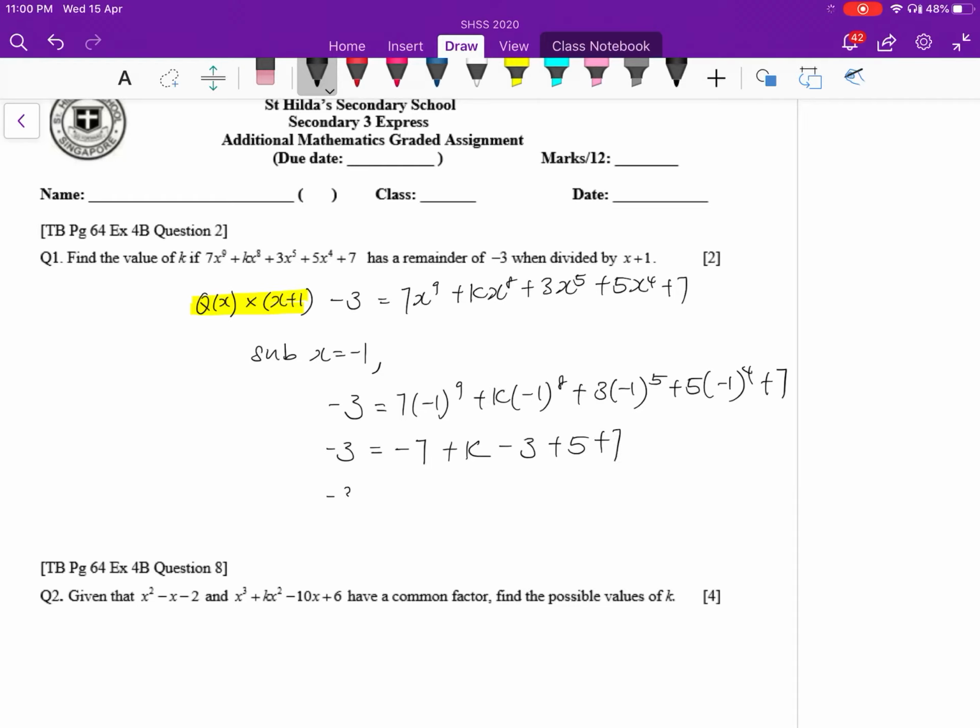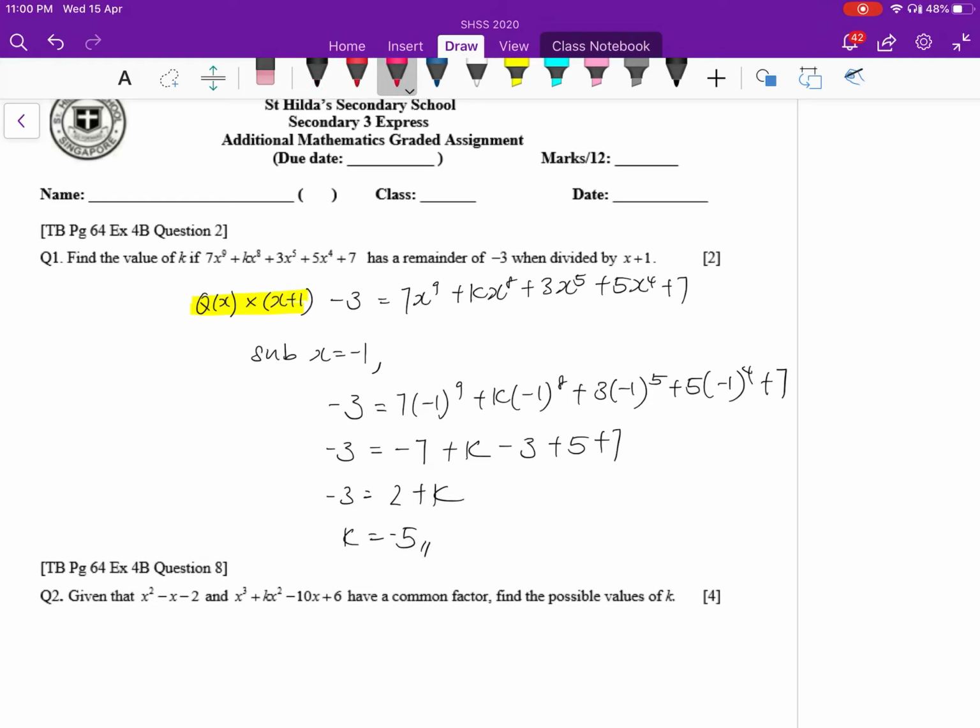If we simplify, it would be minus 7 minus 3 plus 5 plus 7, and we get positive 2 plus k. Shift over the 2, k is minus 5, and we are done.